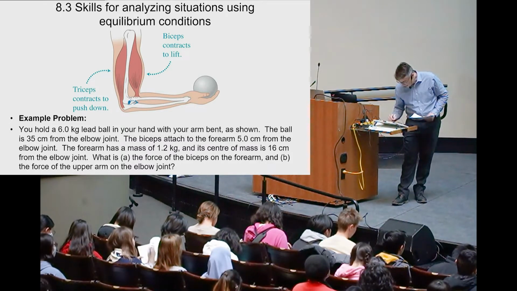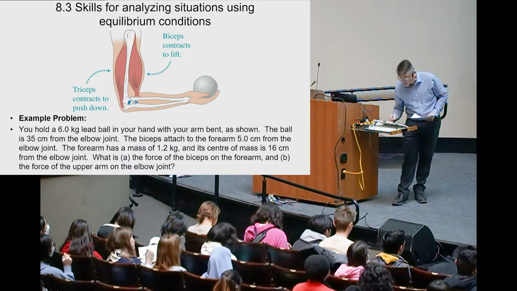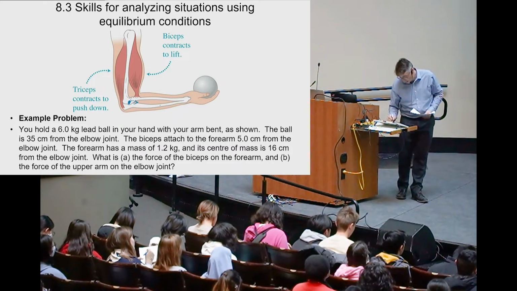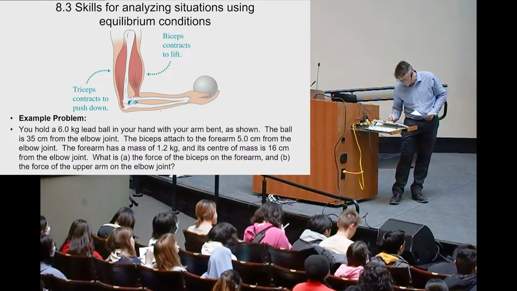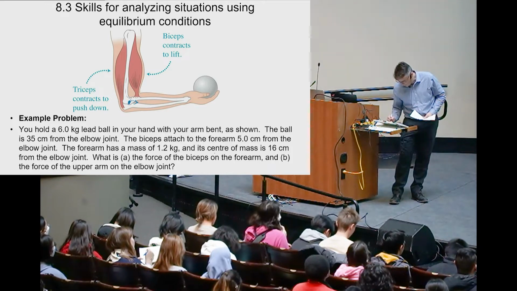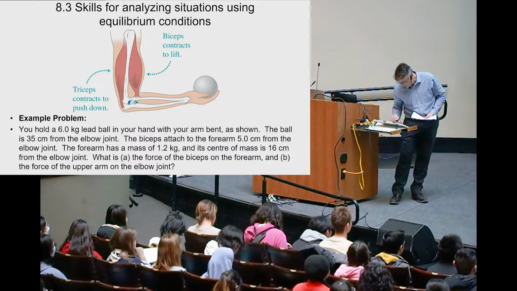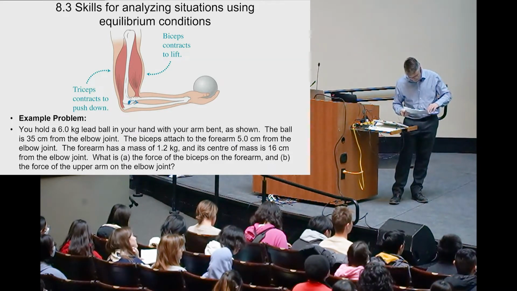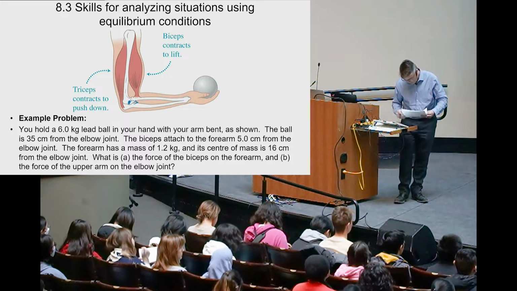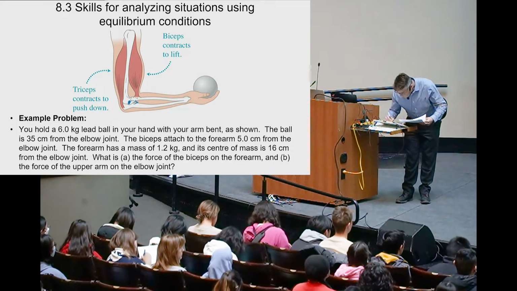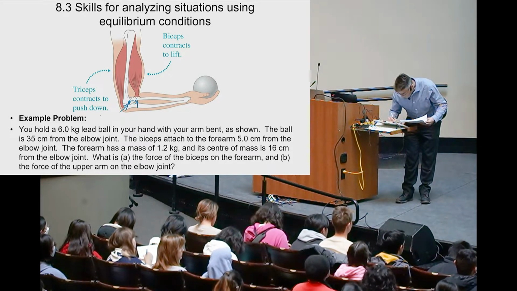The forearm has a mass of 1.2 kilograms, so the gravity on your arm also has to be supported by the biceps. The center of mass is 16 centimeters from the elbow joint. What is A, the force of the biceps on the forearm, and B, the force of the upper arm on the elbow joint? So this is, I guess, the rotation axis.